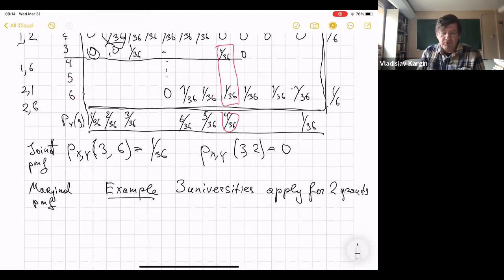For concreteness, let us say the universities are in New York, you can think about Binghamton, California and Florida.